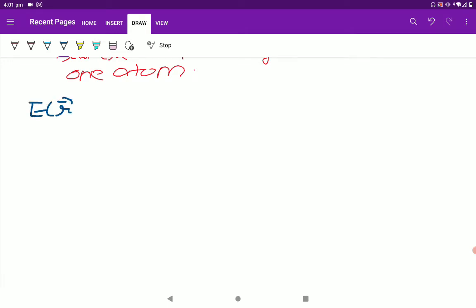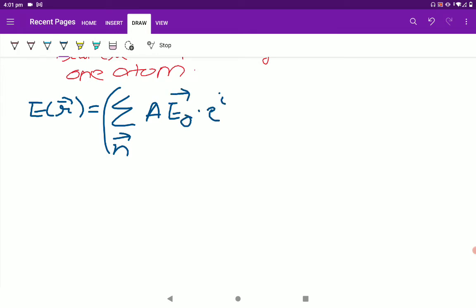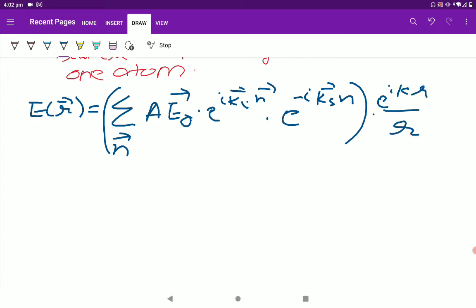The total amplitude at the detector is given by this expression: the sum over all atoms of A e naught, e to the i ki n vector, multiplied by e to the minus i ks dot n vector, times e to the i k r by r, plus the incident wave, that is e naught e to the i ki r. Why is the incident wave added to this expression?